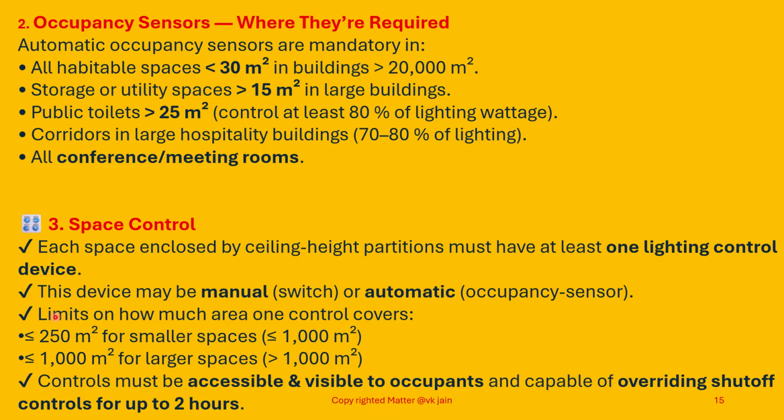Limits on how much area one control covers: equal to or less than 250 square meter for smaller spaces, that means buildings, and less than or equal to 1000 square meter for larger spaces, which are buildings having built area more than 1000 square meter.